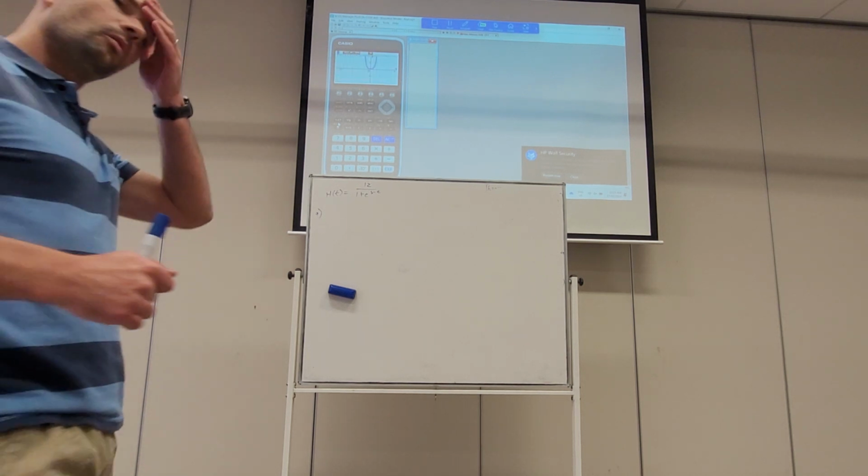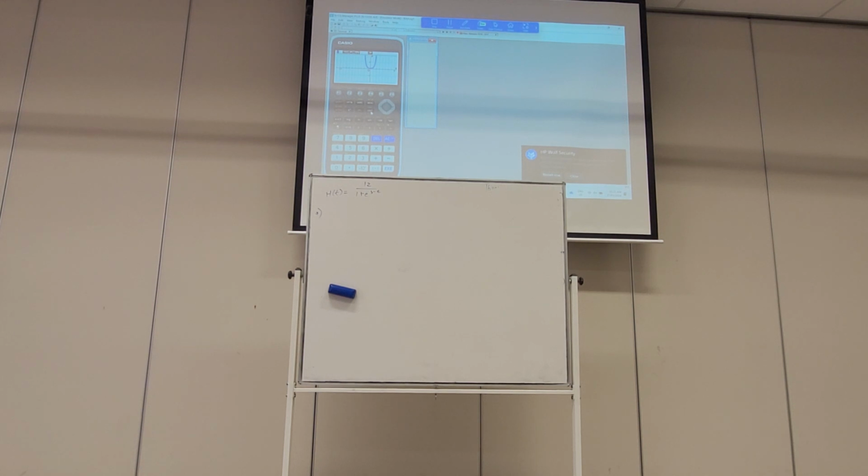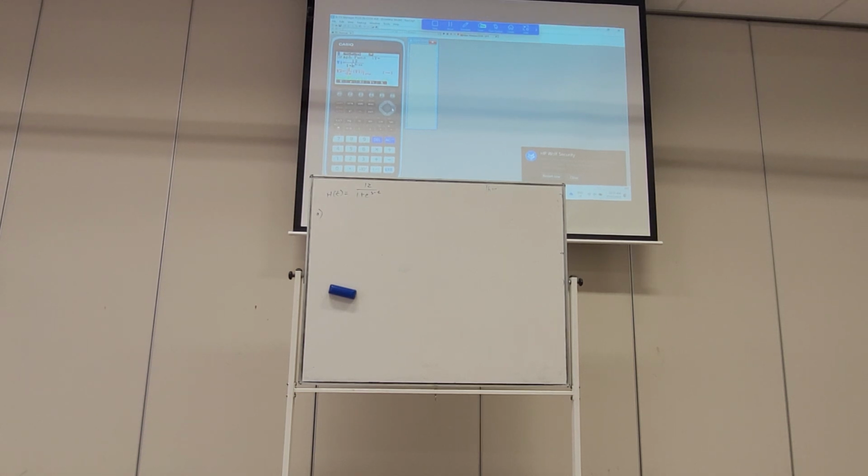All right, so when I'm graphing this function, that doesn't look quite right. What's going on there? 12 on top of, I've got 2 x's at the bottom. So there we go. All right, so I'm looking at this function. I can see it skyrocketing up.